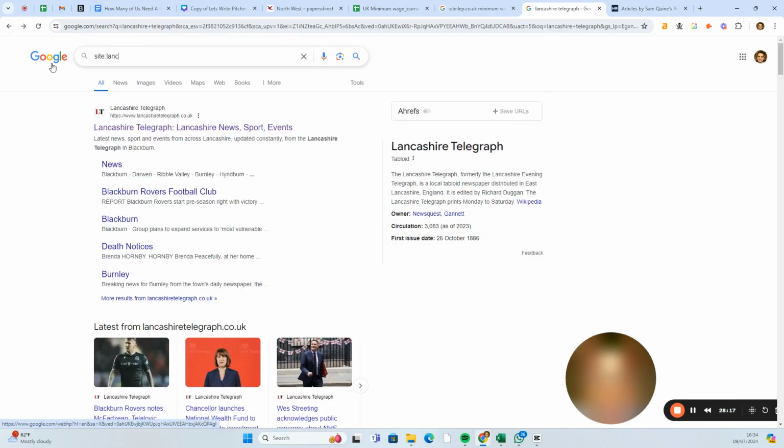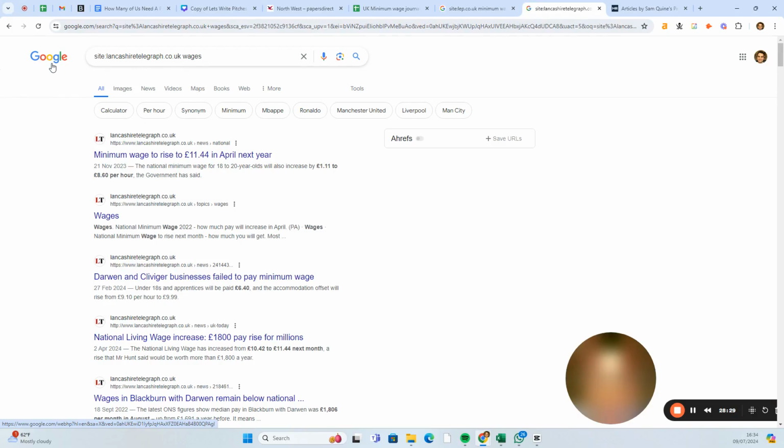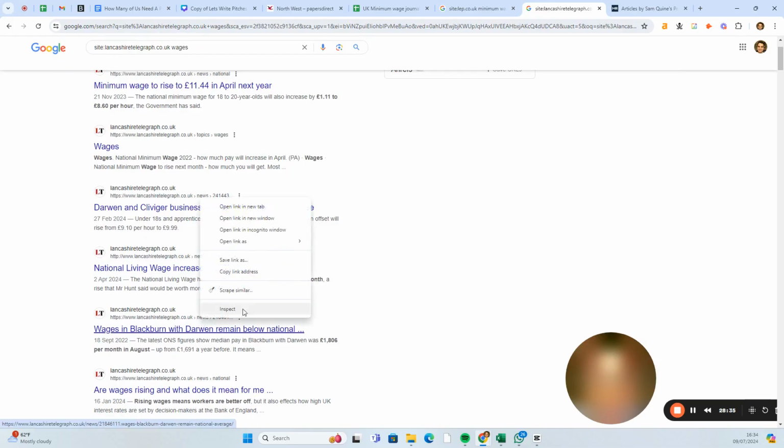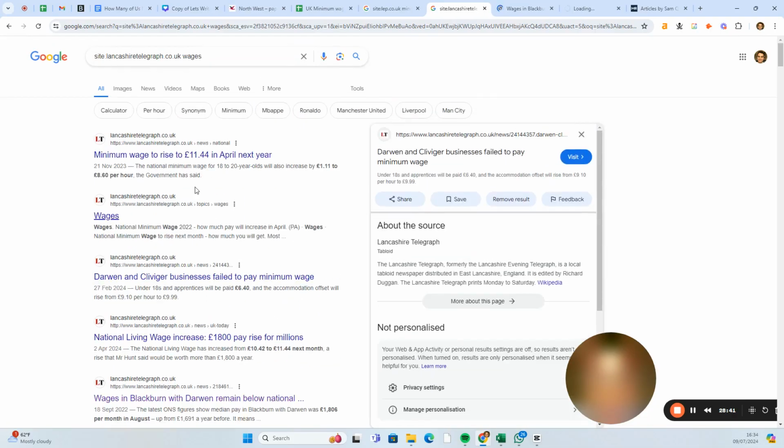Site, Lancashire Telegraph.co.uk. Wages. One, two, three.